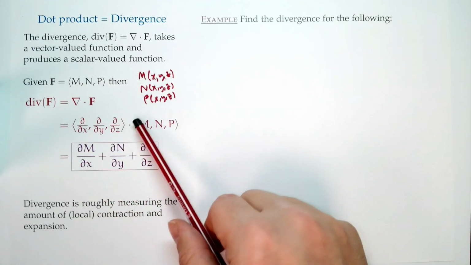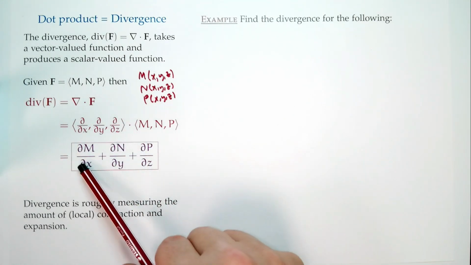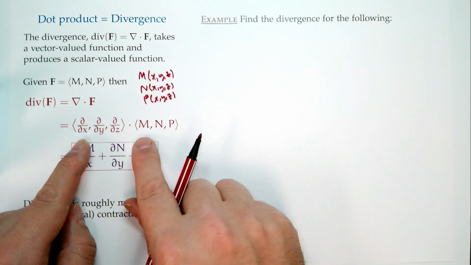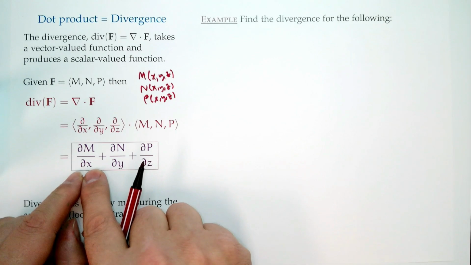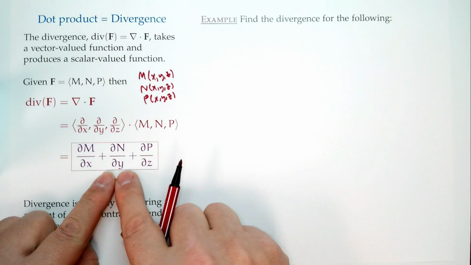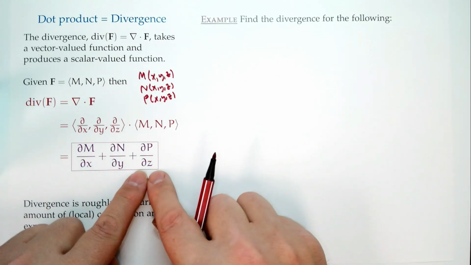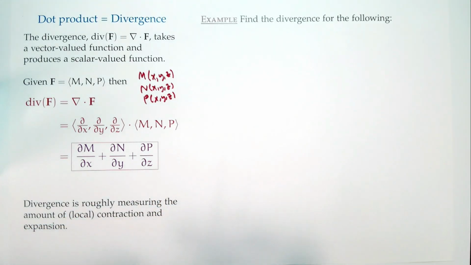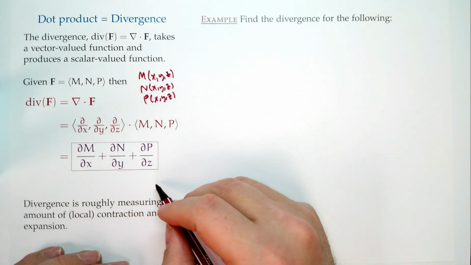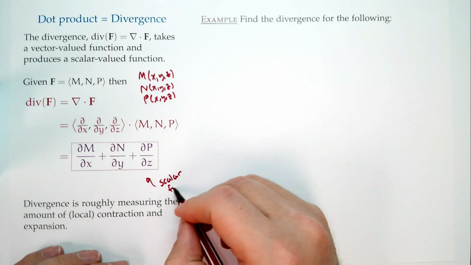F is M, N, P. And the way the dot product works is you multiply the entries together and add the result. So multiply the first pair of entries: partial x of M, partial x. Second entries, partial y of N, partial y. Last, partial z of P, partial z. And you add it up. And the important thing is, this is not a vector. This is a scalar function. In other words, no vector here.